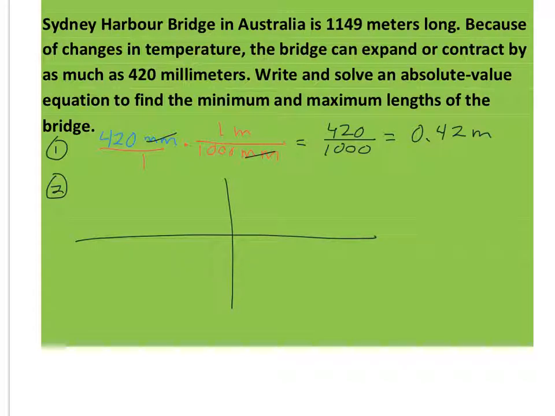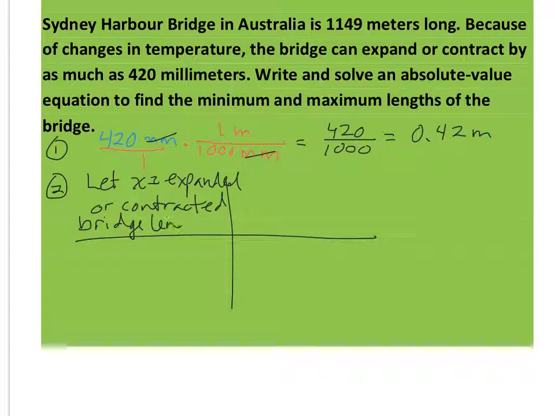So we have to identify our unknown. So we're going to let x be the expanded or contracted bridge length, because that's what we're trying to find, the minimum and maximum lengths of the bridge.